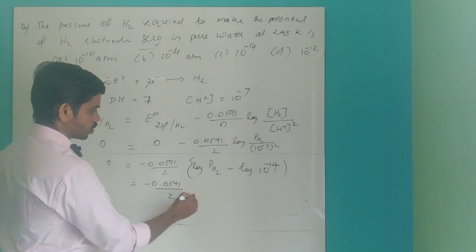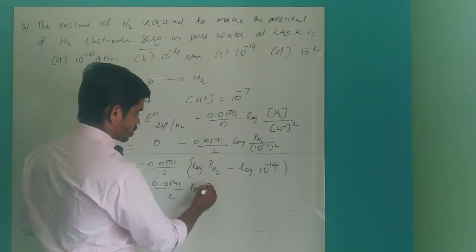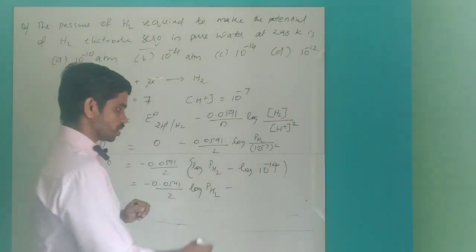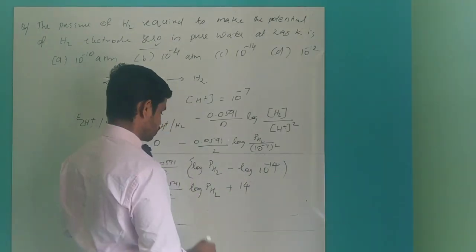So this is equal to minus 0.0591 by 2 log of pressure of H2, minus into minus it will become plus 14, okay, plus 14.